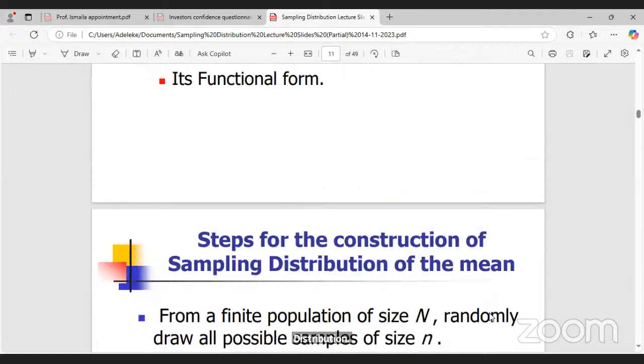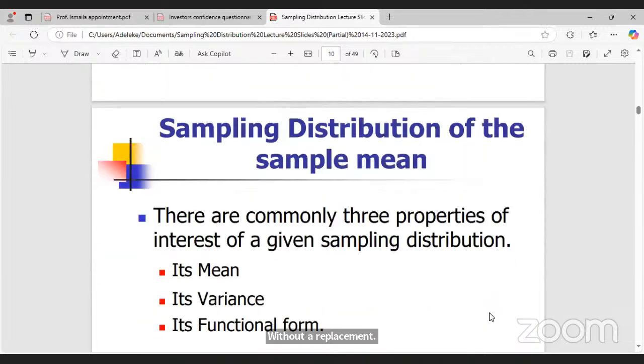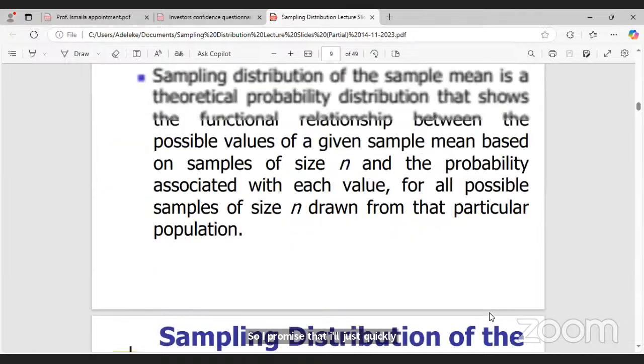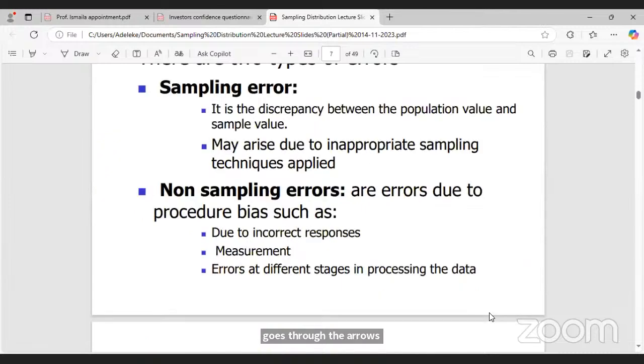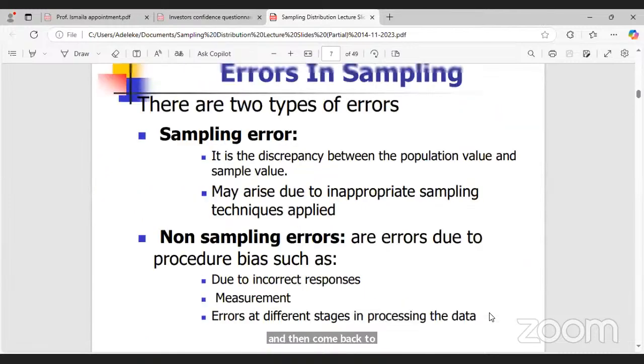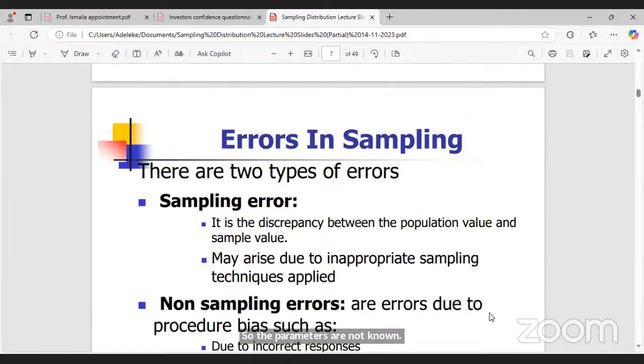I promise that I'll quickly go through the errors and then come back to estimation. Remember that I emphasized that the whole essence of sampling is to estimate the value of the unknown population parameter. The parameters are not known, and that's why you take a sample from it so that you can have an idea of that population.